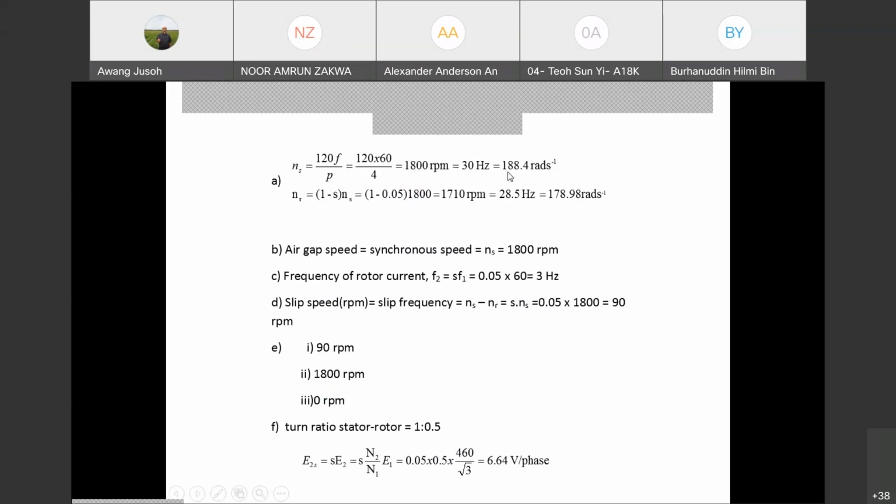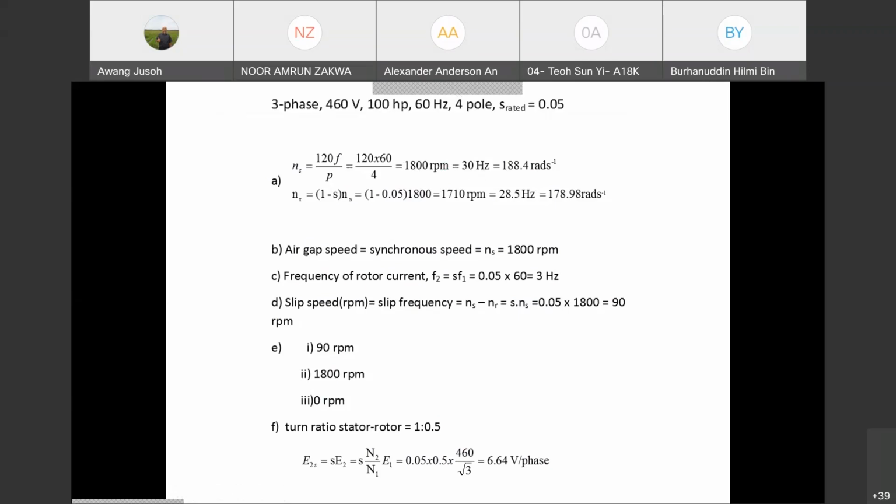If you want to find it in Hertz, just divide the RPM by 60. So you must be familiar with the conversion of units. Don't stick to one unit only. You can use Hertz, RPM, or radian per second.